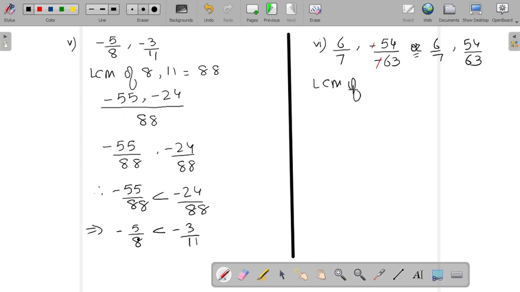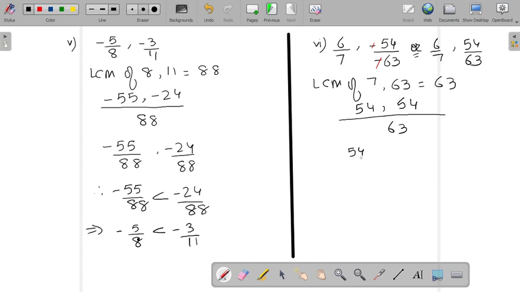The LCM of 7 and 63 is 63. Write 63 here. Divide from below, multiply from above. If you divide 63 by 7, you get 9. 9 multiply 6 is 54. And here again it is 54.